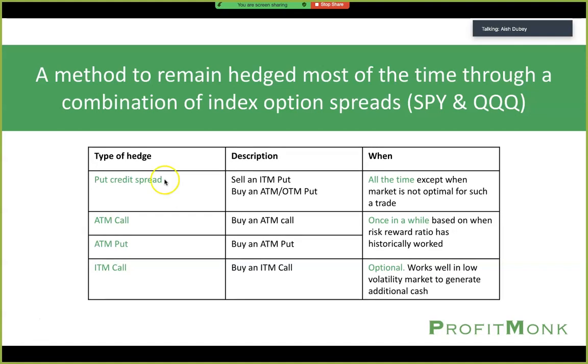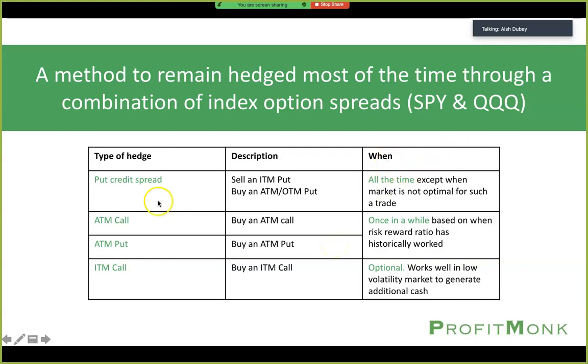So you will see a put credit spread kind of hedge, to sell an in the money put and buy an out of the money or at the money put. You will see sometimes an at the money call type of hedge, an at the money put hedge, or an in the money call hedge. So these are the 4 types of hedges that you will see. The description is sort of self explanatory.